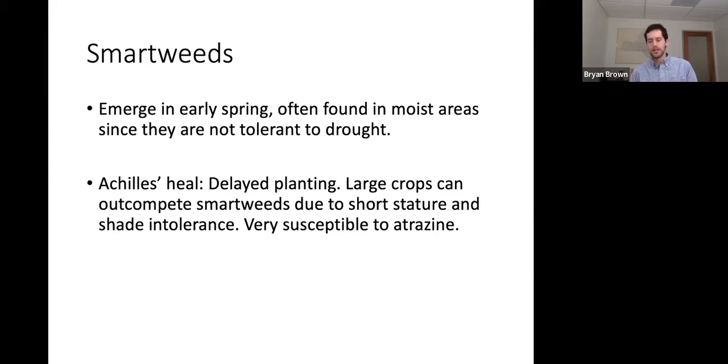Soil solarization is using clear plastic to superheat the soil to kill weed seeds in the top few inches. And I've seen it be very successful on basically everything except maybe some very well-established perennial species and common purslane, which I'll talk about later. So yes, I would expect it to be.